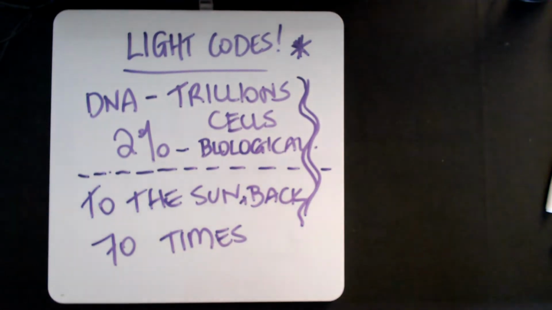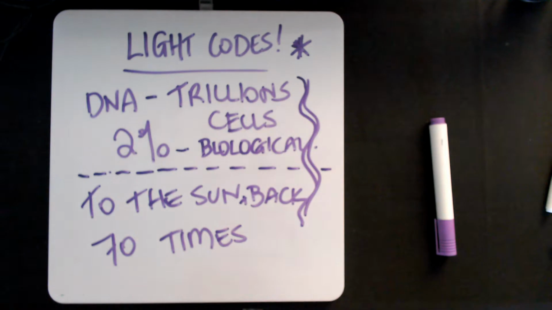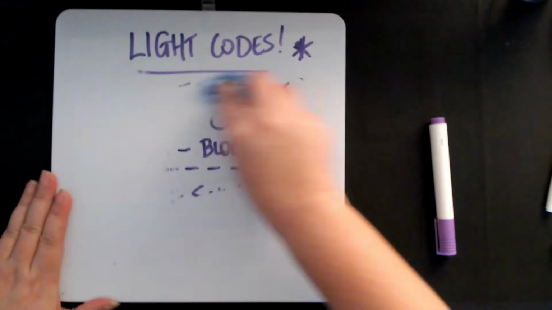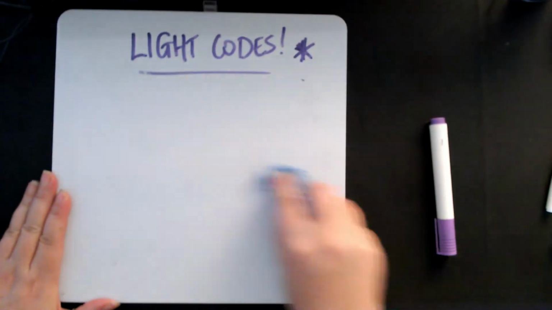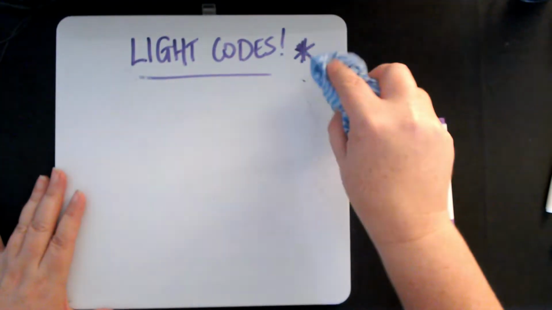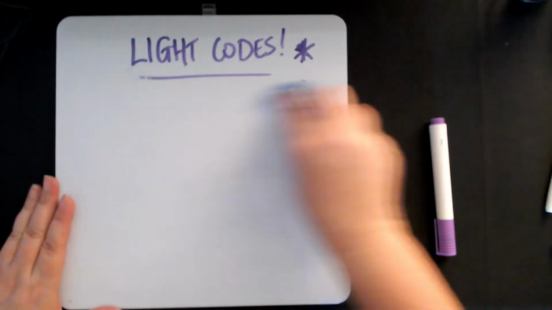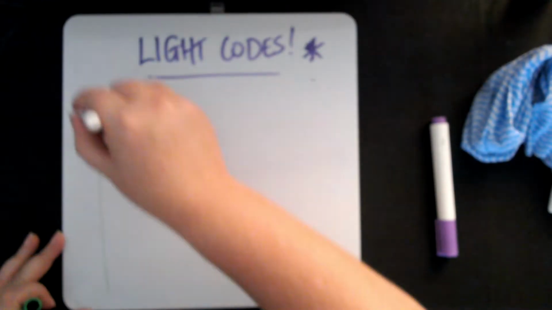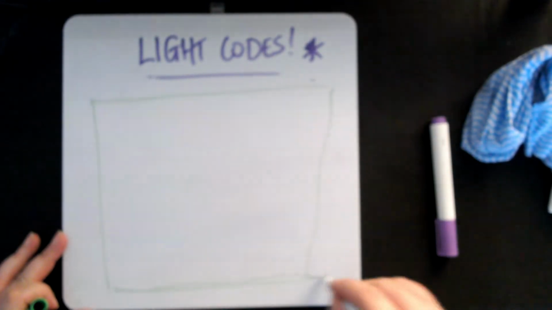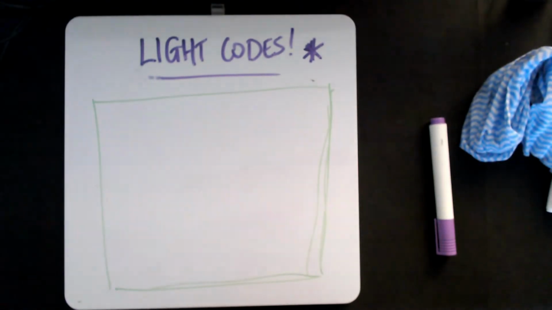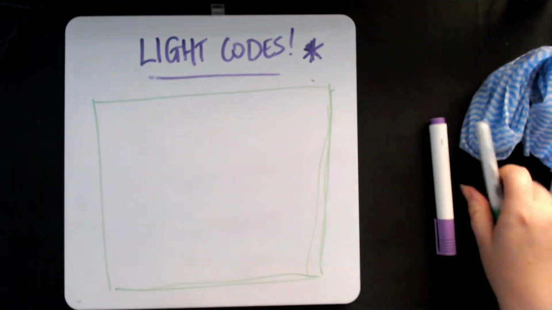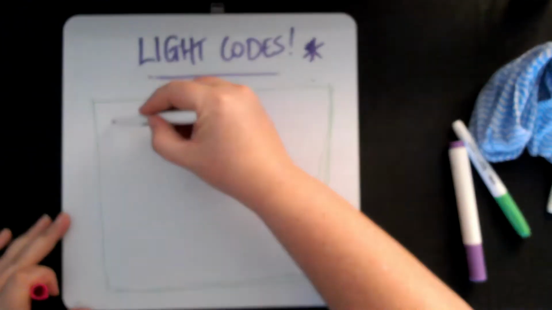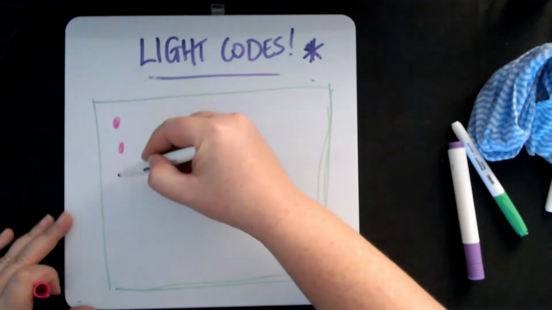So imagine, if you will, we come down to this earth plane and we enact the parts of our DNA that need to enact to make us human, make us think, breathe, act, move, the whole shebang, right? And then imagine that our DNA field is a great big field like this, and remember it spreads all the way to the sun and back 70 times. Within that DNA field, we have these light codes, and I want you to imagine them as seeds.